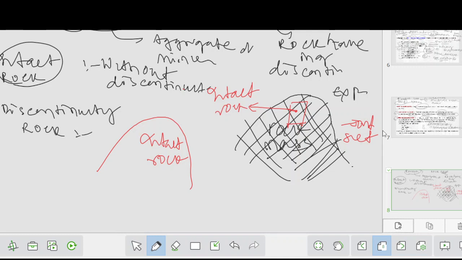Clear? What is rock, what is rock mass, what is intact rock, and discontinuity rock, all those types of rock having a lot of discontinuities or a lot of joint sets. Clear or any doubt? Yes sir, clear. What is a joint set? Group of joints.